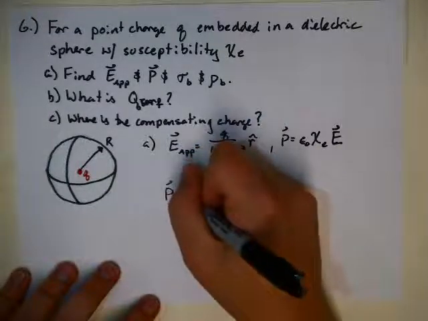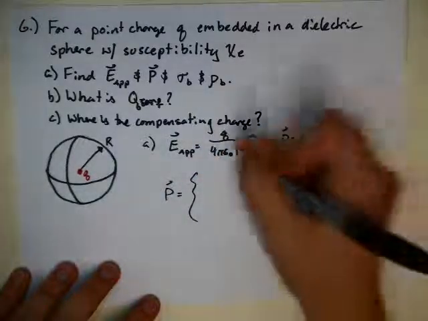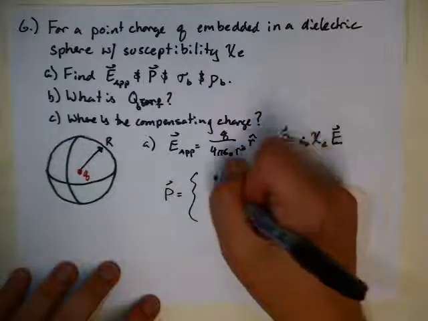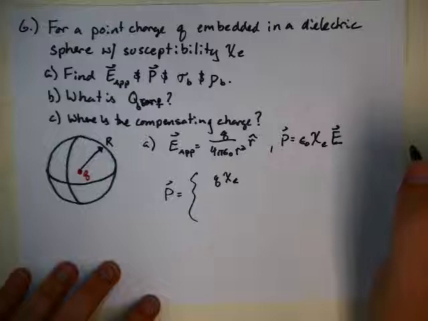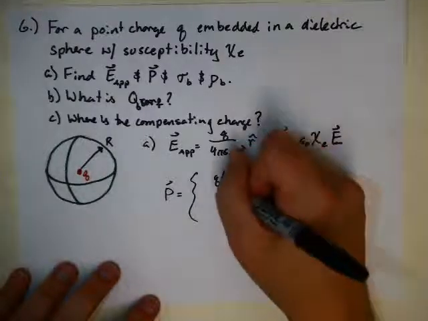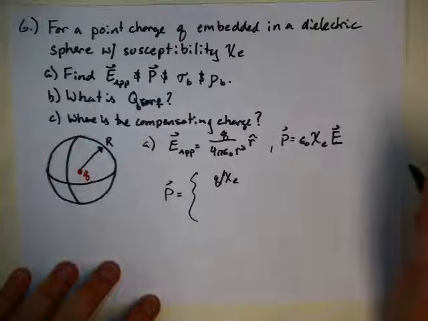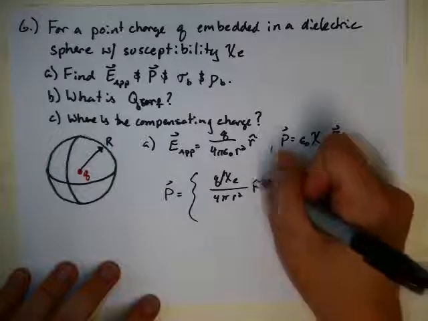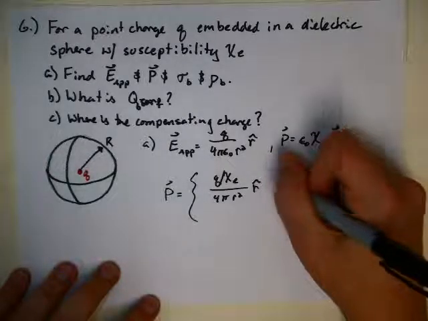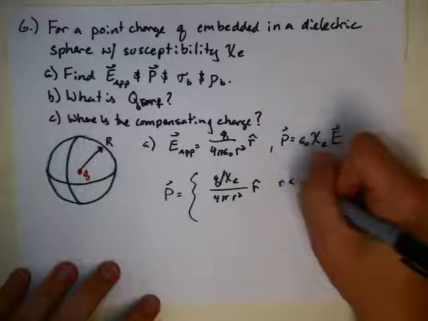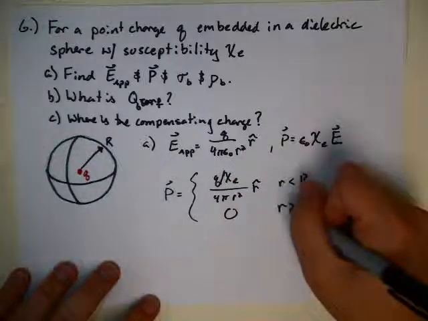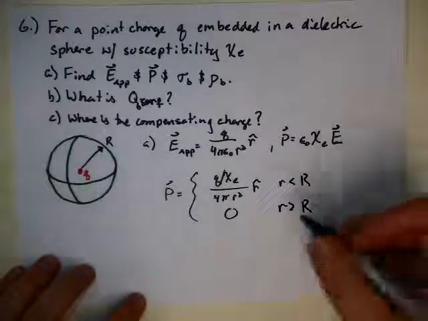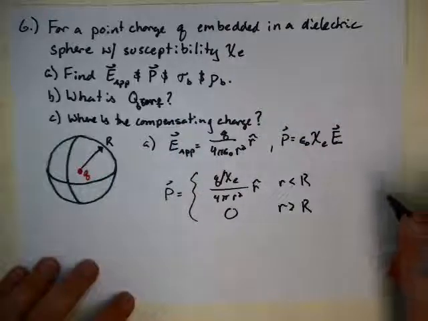The polarization is going to be Q times chi e, divided by 1 plus chi e, over 4 pi r squared r hat, and this is for r less than capital R, and it's just 0 for r greater than capital R, because outside of that the electric susceptibility is 0. Okay? So here's the applied electric field, and there's the polarization.